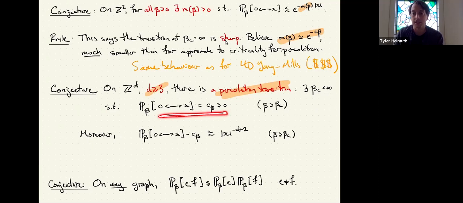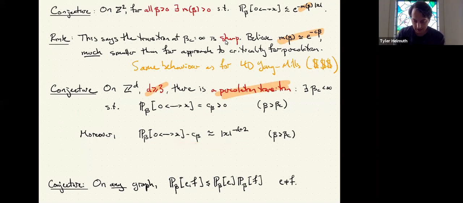So you will see a giant tree on Z3 and higher at finite beta. And in fact, something even stronger or more interesting should be true, which is that if you subtract C beta and look at the fluctuations, they should be Gaussian. Okay, so if you subtract C beta, you should see this polynomial decay of connection probabilities.